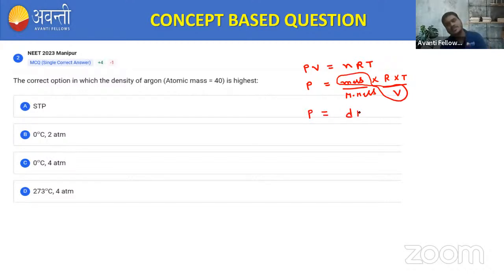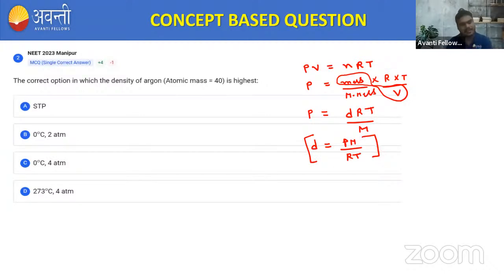So this is equal to d R T divided by capital M, the molar mass. So this is the relationship: density is equal to PM upon RT, right? So this is the relationship between density and pressure.